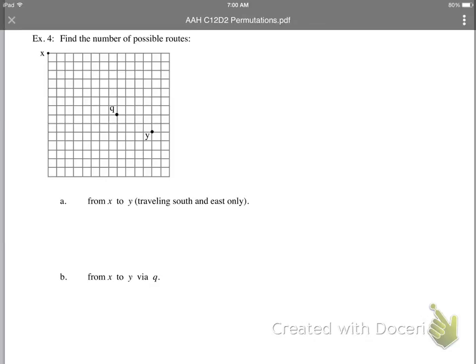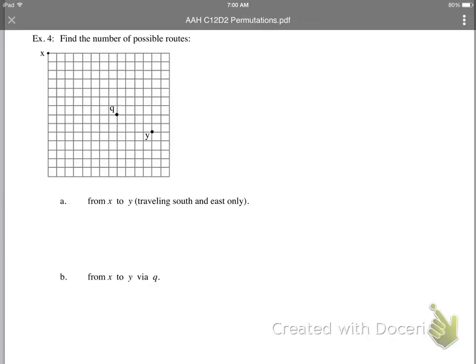Obviously, if we're trying to get from X to Y, and we're only traveling south and east, the way I choose to go is going to matter. So I need to make sure I consider all the ways, but I have some repeats.